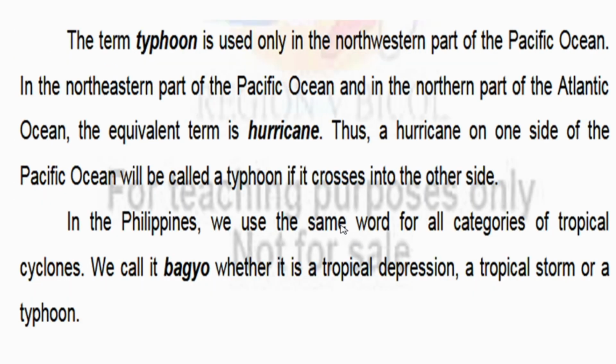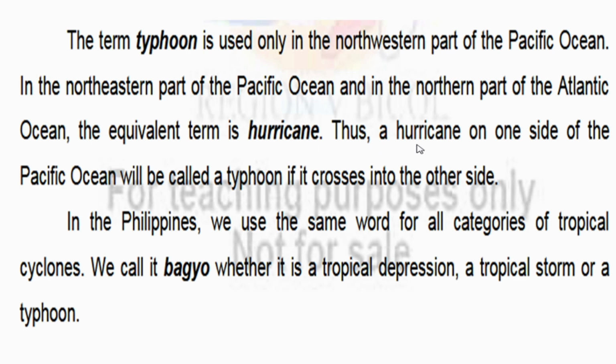Right? The term typhoon is used only in the northwestern part of the Pacific Ocean. Please remember that the term typhoon ay ginagamit po sa northwestern part of the Pacific Ocean. In the northeastern part of the Pacific Ocean and in the northern part of the Atlantic Ocean, the equivalent term is hurricane.